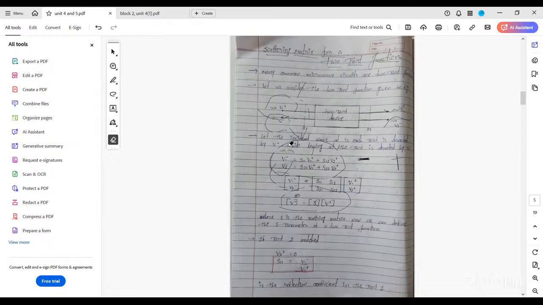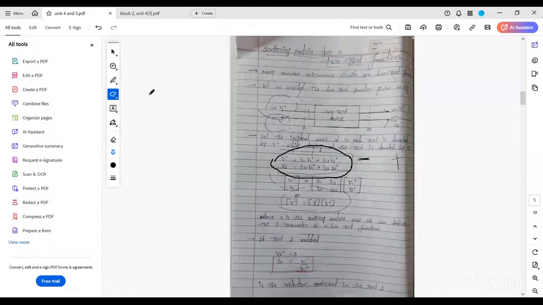Here from equation 1, I want to write S11. How will we write S11 from this?